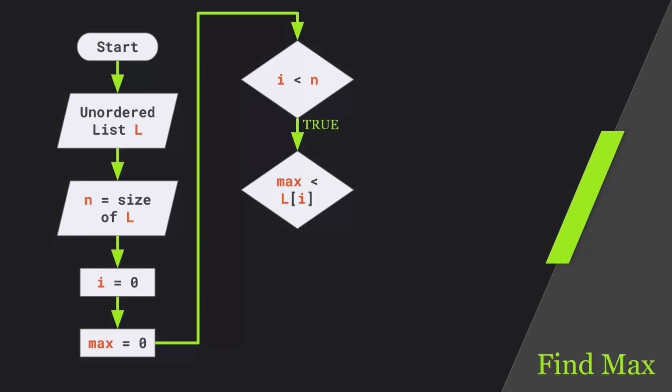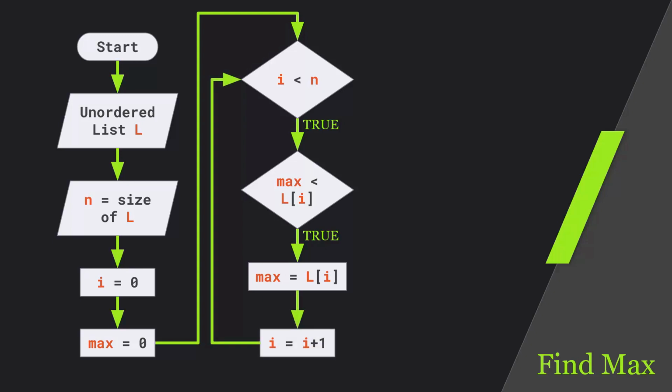Now, if that's true, we know that we found a new max, and so we want to update that max, and then we want to go to the next location in the list. So to go to the next location in the list, we need to increase I by 1. So we increase I by 1, and then we're going to go all the way back up to that decision point and see if I is less than n.